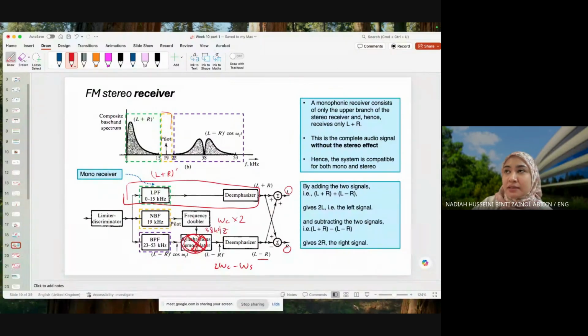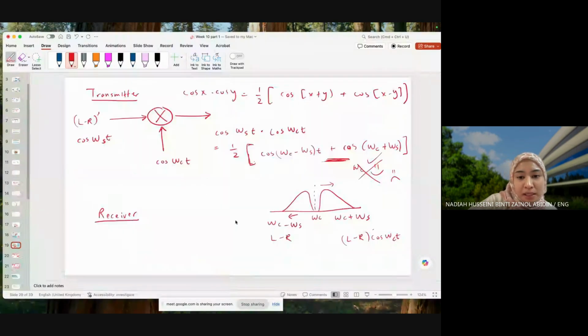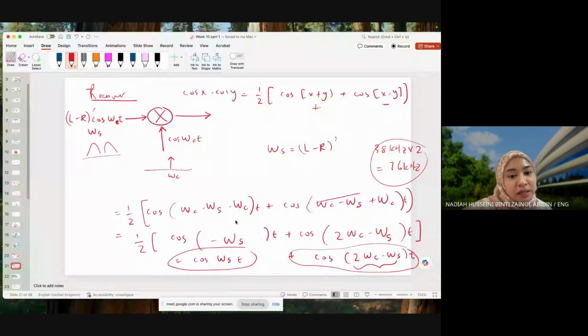So let's say there's a question. They ask you what happens after the synchronous demodulator. What is the signal that you obtain? You would write down the calculations for that. I know this is very ugly, but you can rewrite this in your own beautiful way.